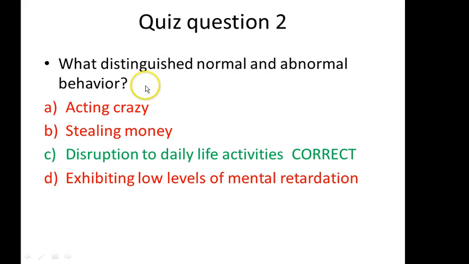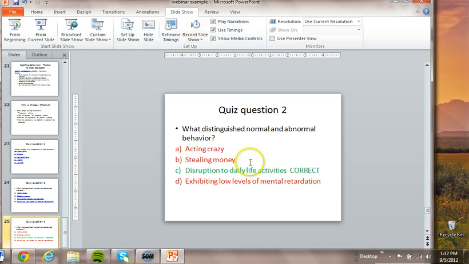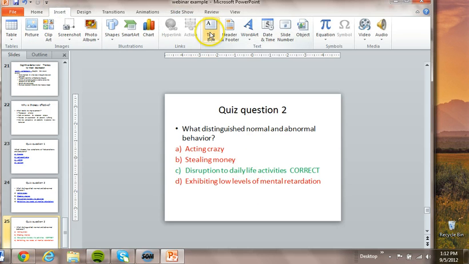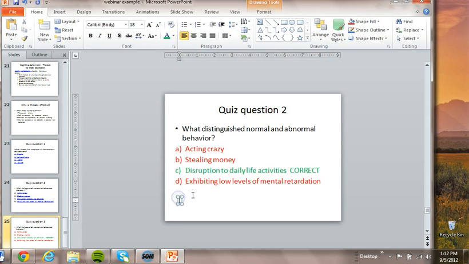Something else you can do is on the answer slide, you could include some text on why this is the correct answer. So to do that, I would insert a text box, put it here, and say answer C is correct because this is a key symptom for any and all diagnosable psychological disorders.